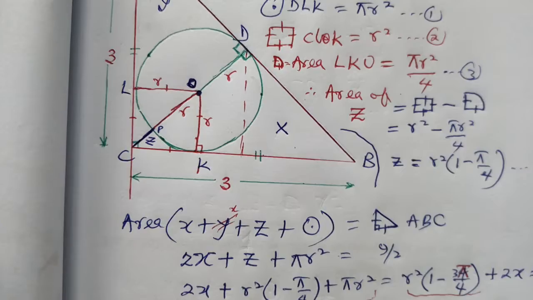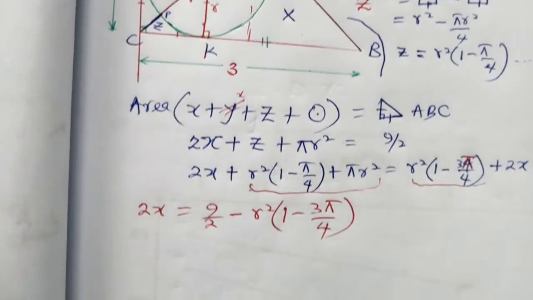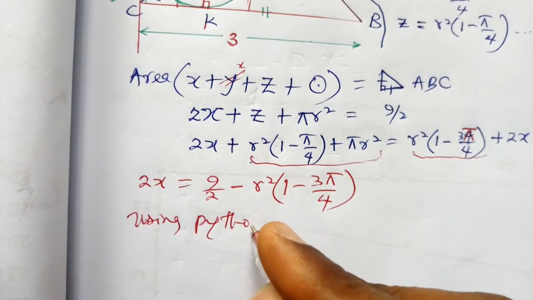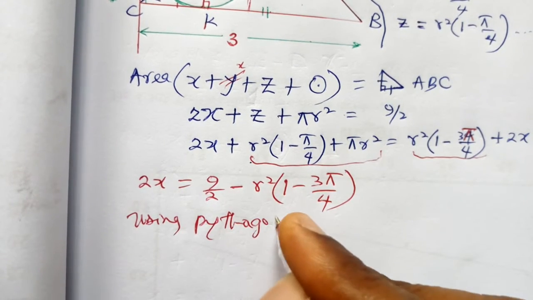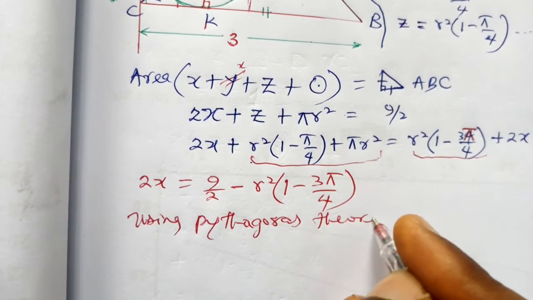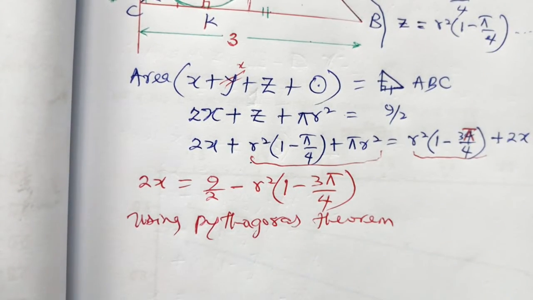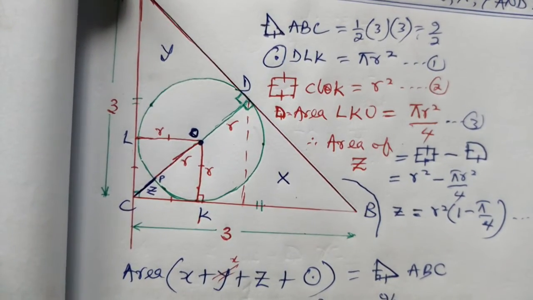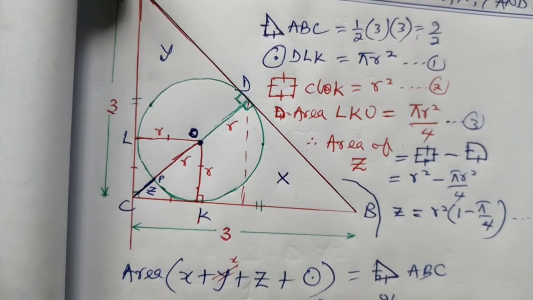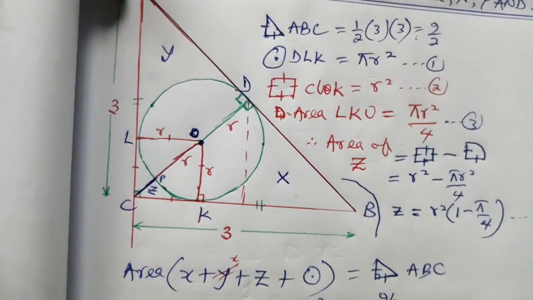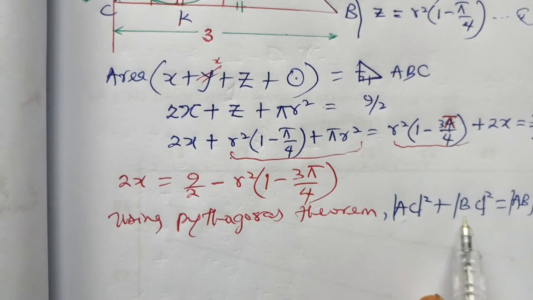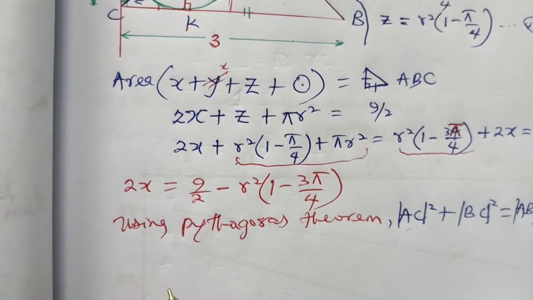So if we want to find here, we use the Pythagoras theorem. Using it, we find that AC squared plus BC squared is equal to AB squared, the hypotenuse squared.